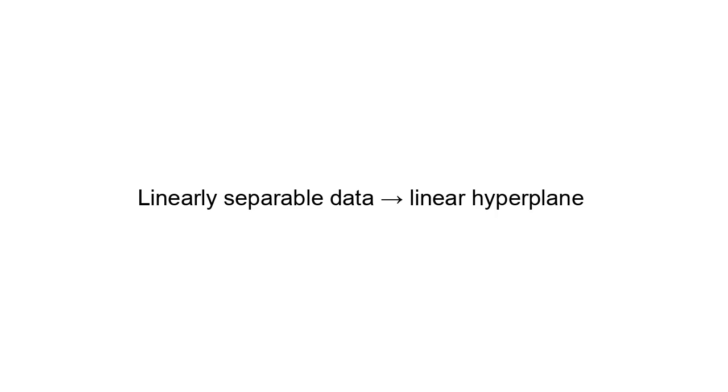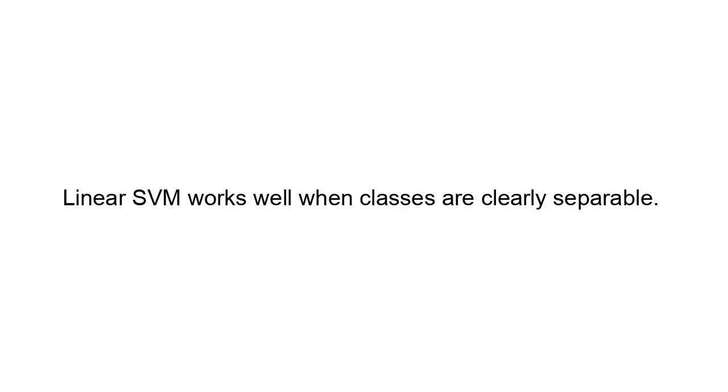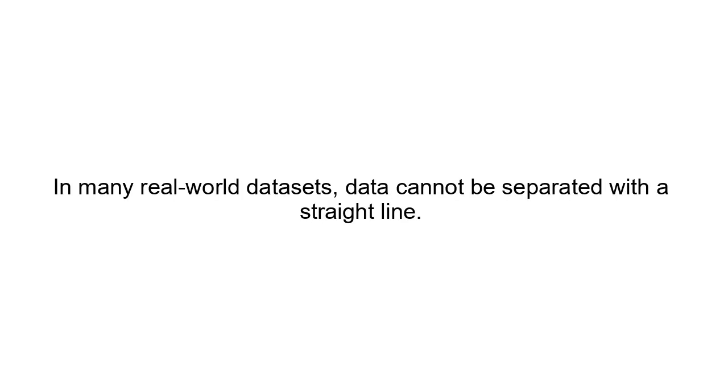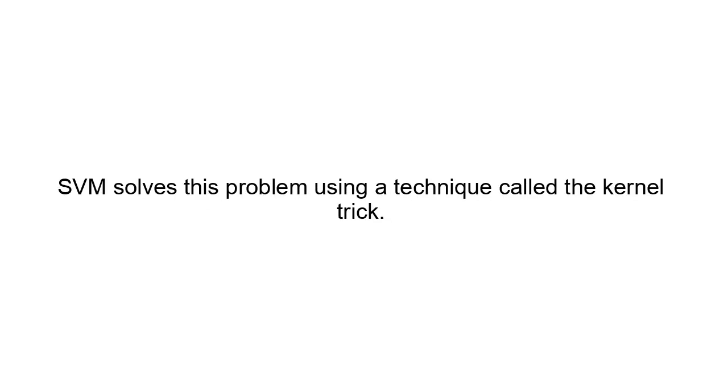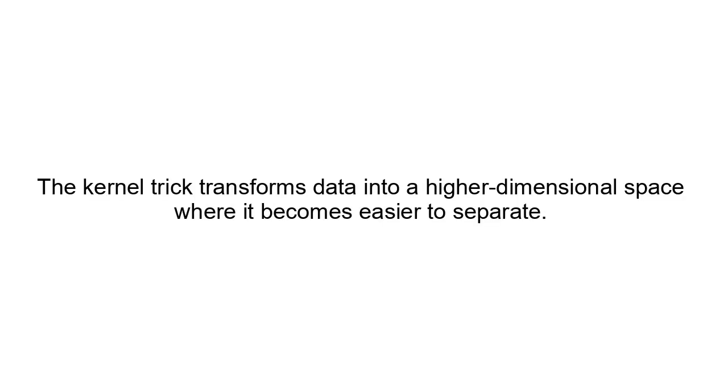Nonlinear SVM. In many real-world datasets, data cannot be separated with a straight line. Example concept: complex data means nonlinear boundary. SVM solves this problem using a technique called the kernel trick. The kernel trick transforms data into a higher dimensional space where it becomes easier to separate.